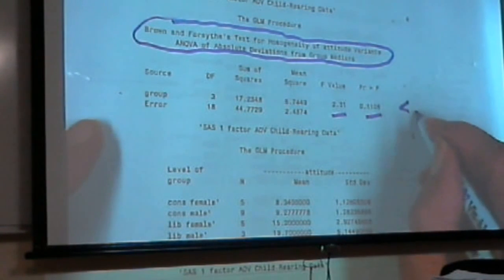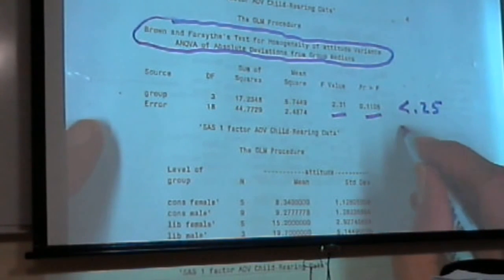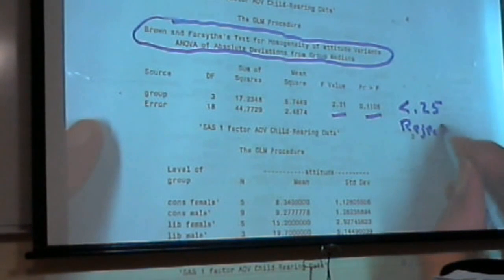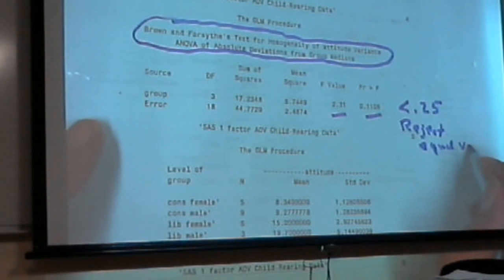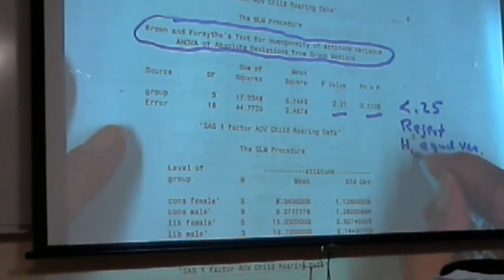And so we would say, since this is less than 0.25, we should reject equal variance. So reject the hypothesis H naught of equal variance.